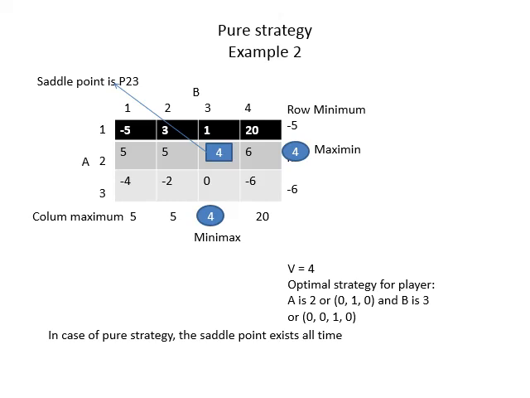That means player A has 3 strategies, while player B has 4 strategies.